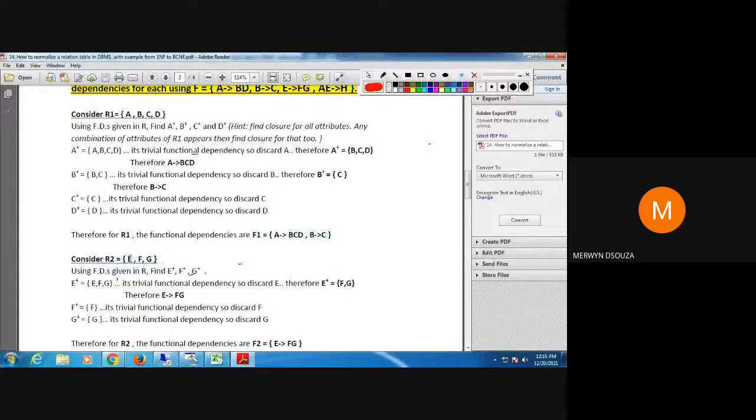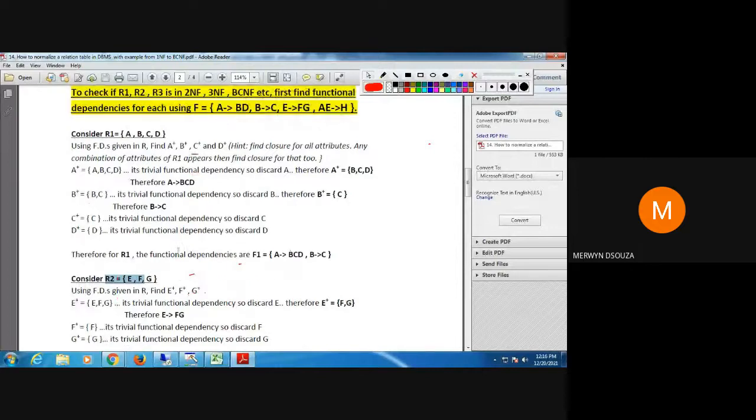When finding the functional dependency for R2, again you consider this F and find E closure using F. When you find E closure, you will get E, F, and G. E is causing a trivial functional dependency, so discard that, and E closure gives F and G. So your first functional dependency will be E determines FG. E is from the left hand side, FG is from the right hand side.